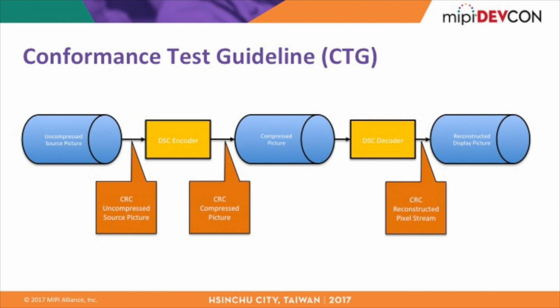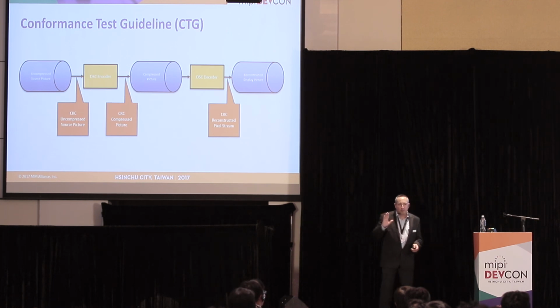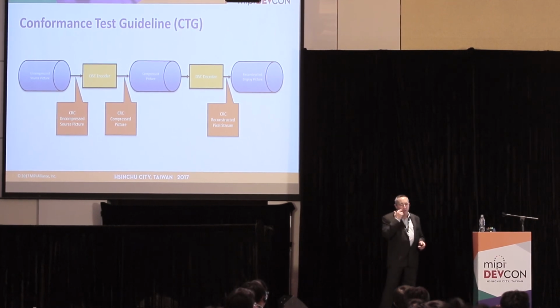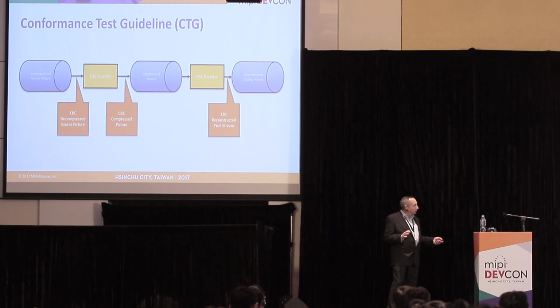The way it does that is you have an uncompressed source picture that you bring inside your DSC encoder as you test your device, and that's going to create, obviously, the compressed picture using a specific parameter set. We call this a picture parameter set, or PPS. And then you're going to decode this and reconstruct your final display images.